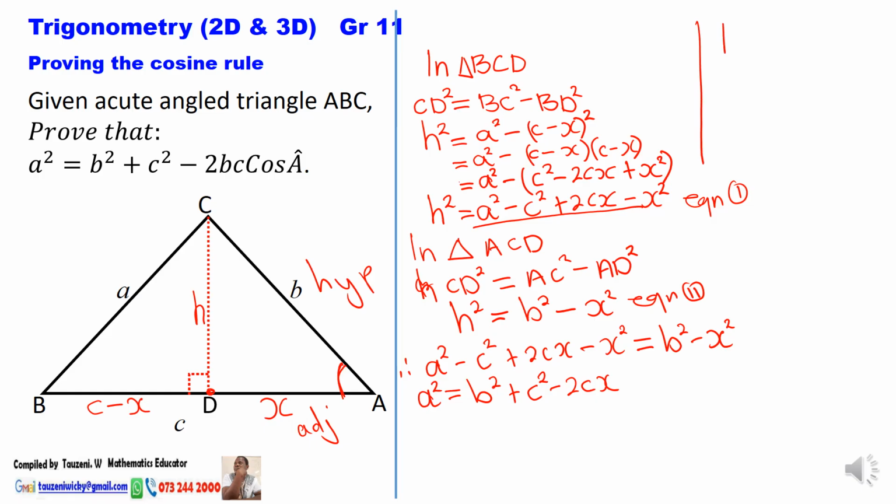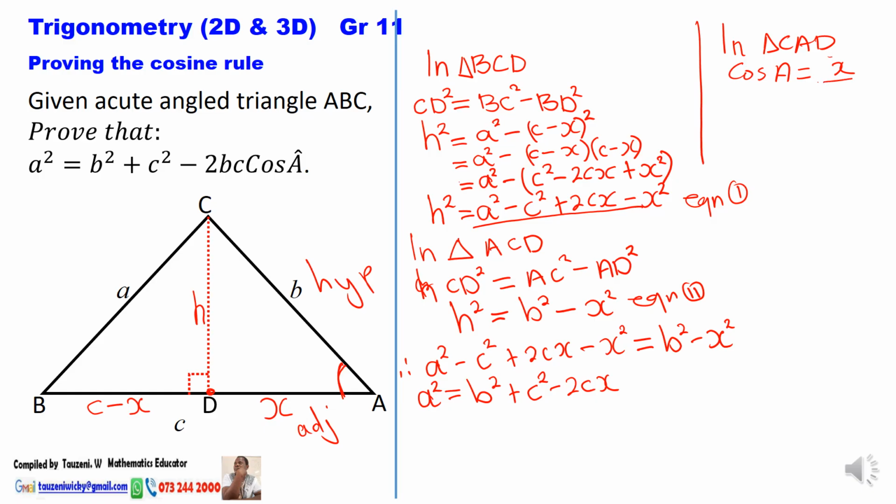Applying trigonometric ratios in triangle CAD, if you look at that triangle, we can see that the cos of angle A is equal to adjacent over hypotenuse, and the adjacent is x, the hypotenuse is b.